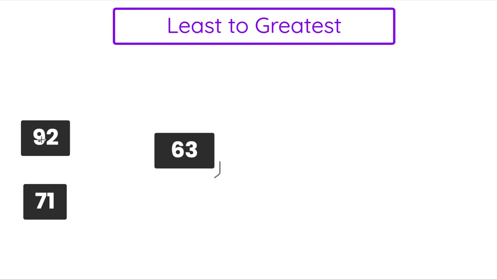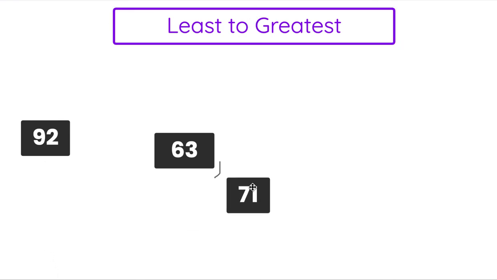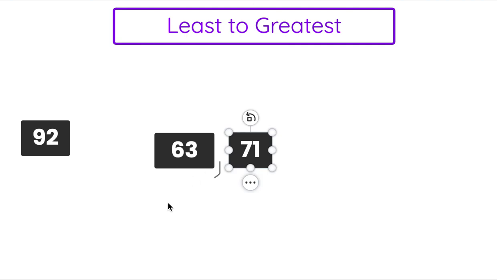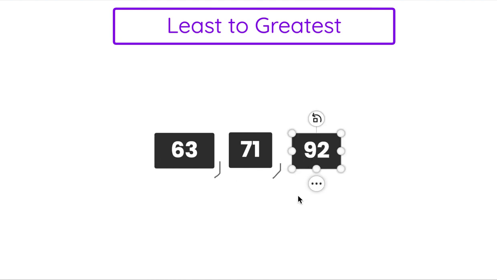And now we have 2 numbers left. We have 92 and 71. Which one's least? The 71. And now we only have 1 number left, which is the 92. That's the greatest number out of the 3 of them. So we started with the least number and worked our way all the way to get to the greatest number.